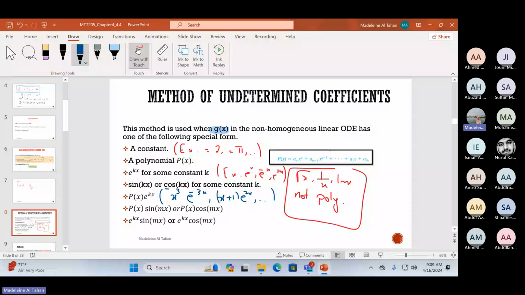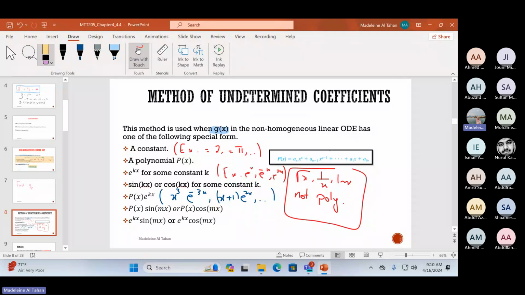Another case is when we have a polynomial multiplied by sine or cosine, like x sine x, or x squared cosine 2x. The last case is when we have an exponential multiplied by sine or cosine. So these are the only things for g of x to be one of these, so that we can use undetermined coefficients.